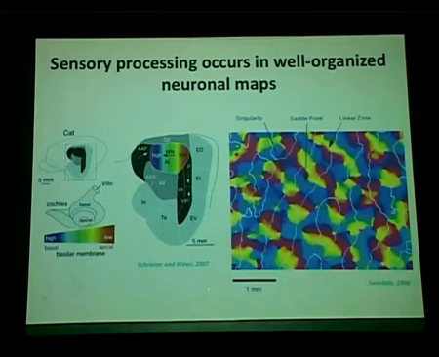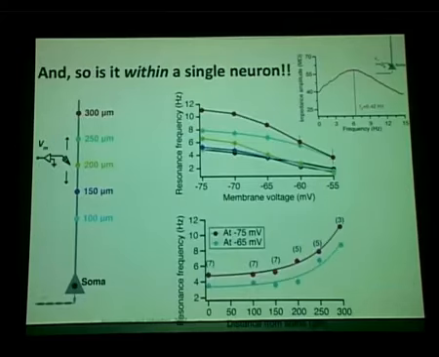We all know that sensory processing occurs in well-organized neuronal maps. What we perhaps do not know is that that is the case even within a single neuron. So this is an example of a map that exists within a neuron. Here you make whole-cell voltage clamp and current clamp recordings at different locations along the neuronal tree, and present various different frequencies to this neuron.